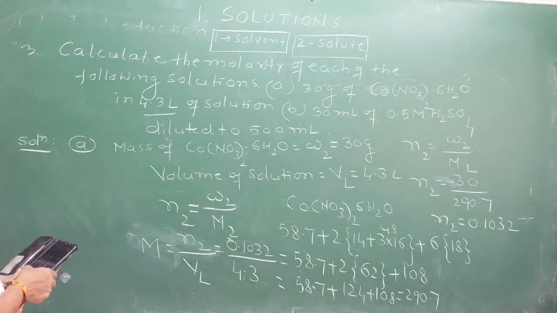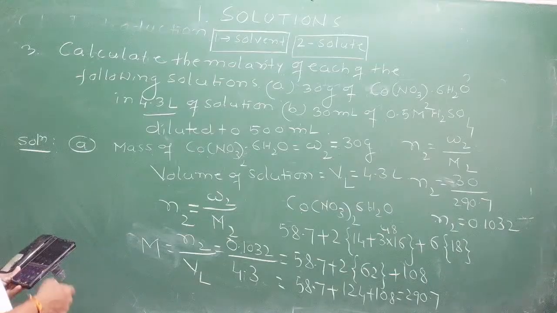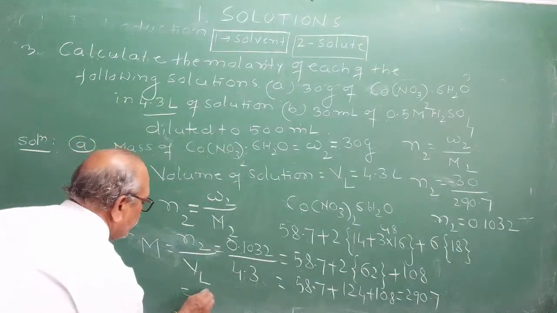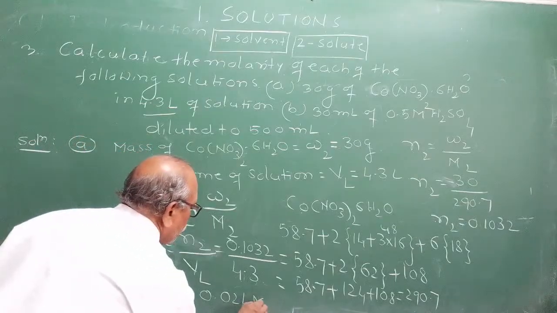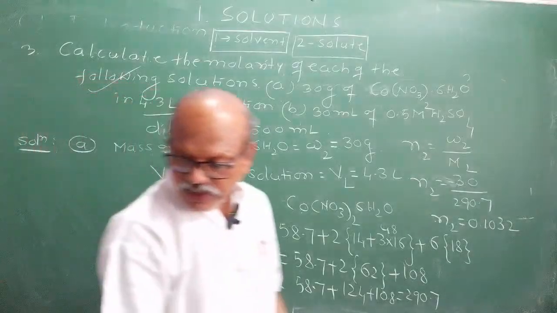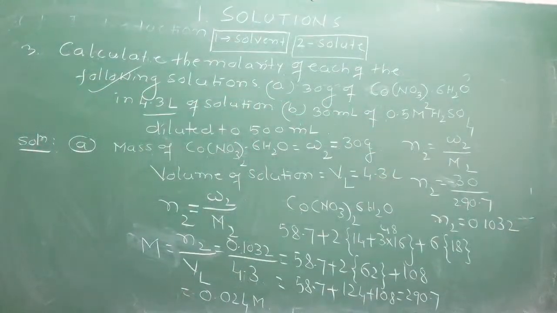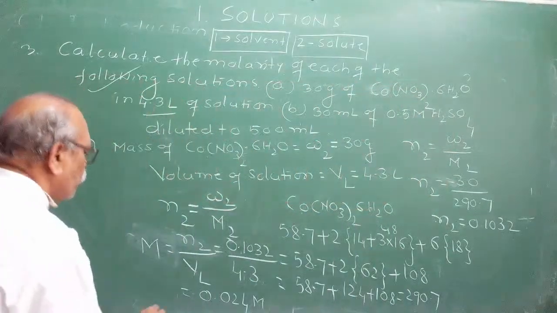That is, 0.1032 divided by 4.3 comes out to be 0.024 M, which will be the molarity of the solution. Observe, clarify the doubts. 0.024 will be the answer.